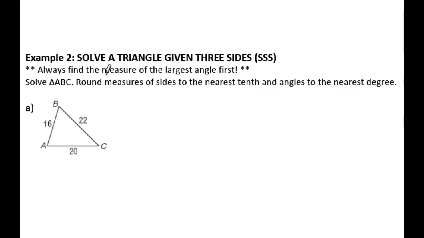When I'm solving the triangle with all three sides, again, the law of cosines has to go in a particular order, so we do have steps for this one as well. Step number 1 is to find the largest angle first using the law of cosines.